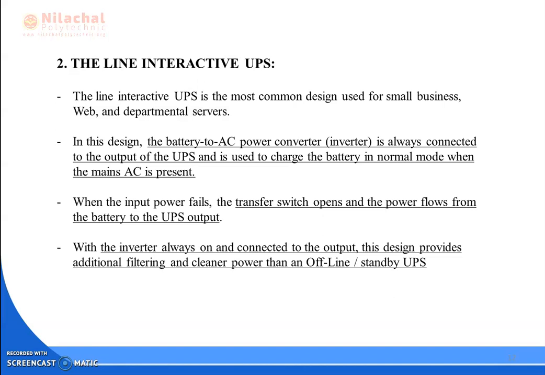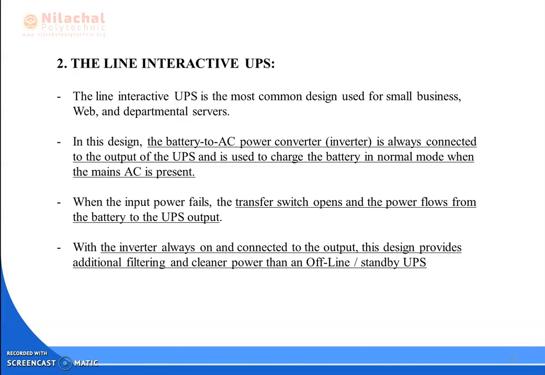It is always connected to the output of the UPS and takes the AC current as input and gives the system the output, the AC current. Simultaneously, it charges the battery in normal mode when the AC current is present.